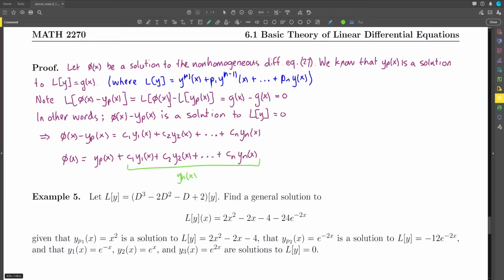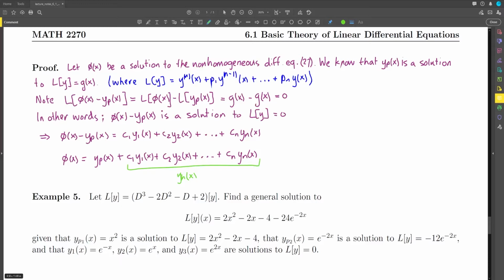And we're given that a particular solution, yp1 of x equals x squared, is a solution to L acting on y equals 2x squared minus 2x minus 4, and yp2 of x equals e to the power negative 2x is a solution to L acting on y equals negative 12 e to the power negative 2x.